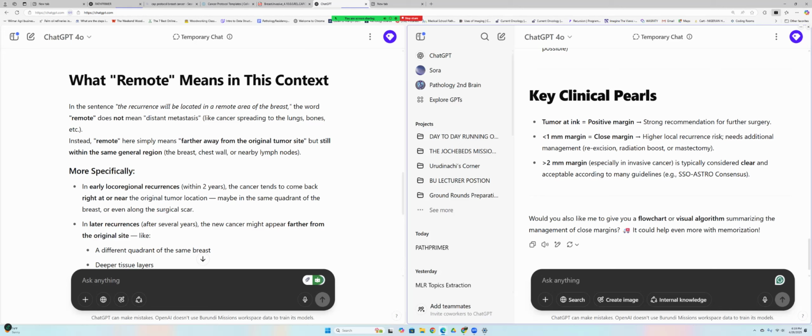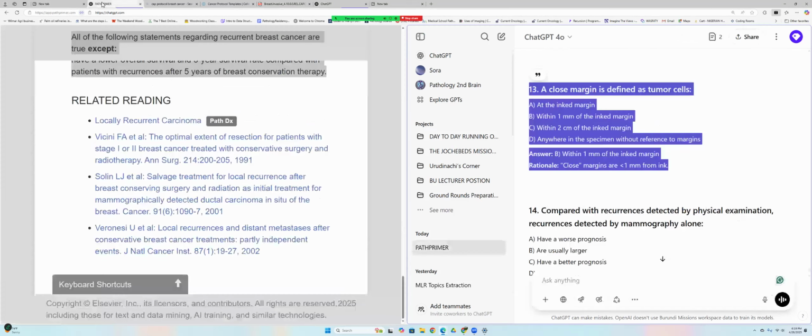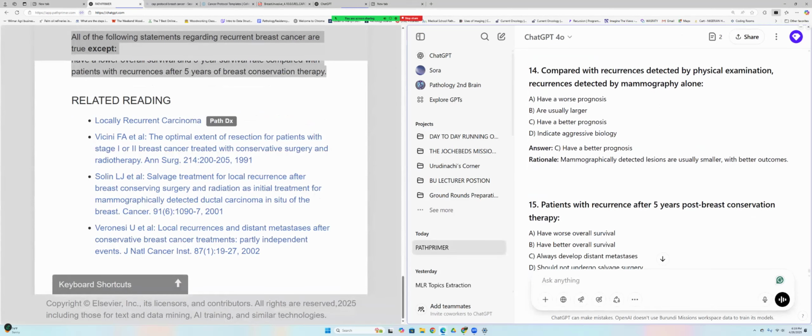Anything more than 2 millimeters is considered a clear margin already. So you want to measure the distance to the margins too. Do you measure it under the microscope?